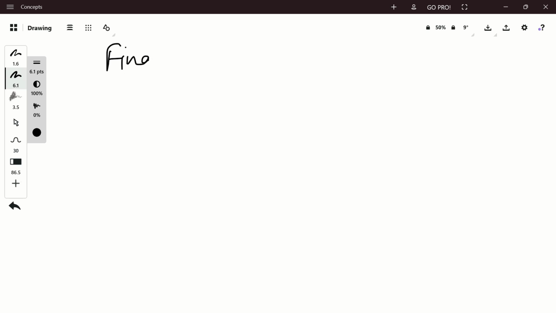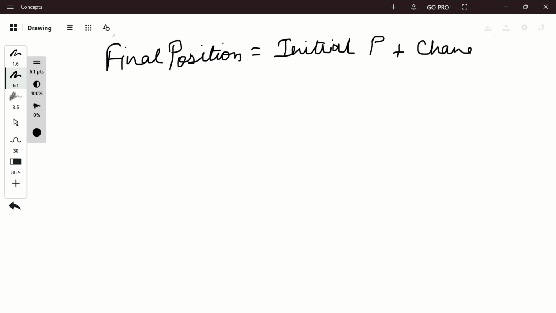The final position is equal to initial position plus change in position.